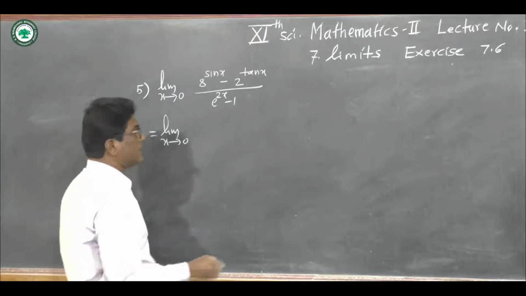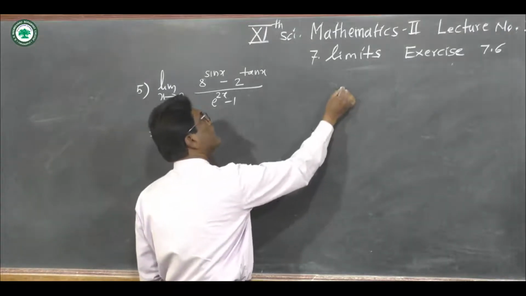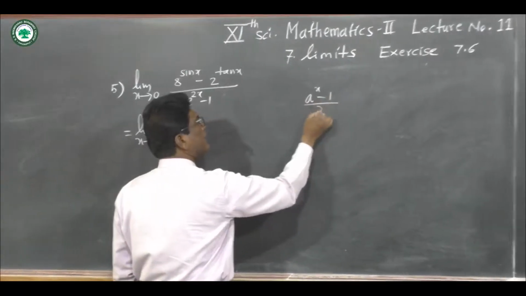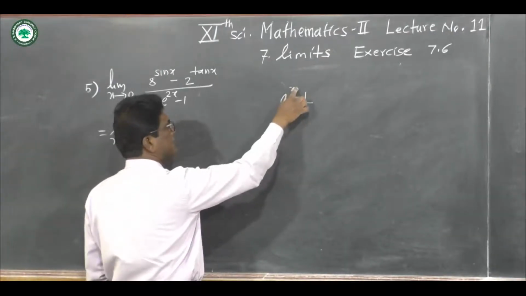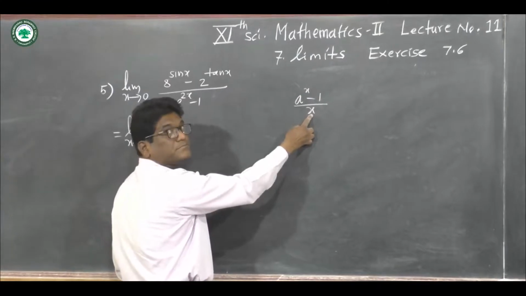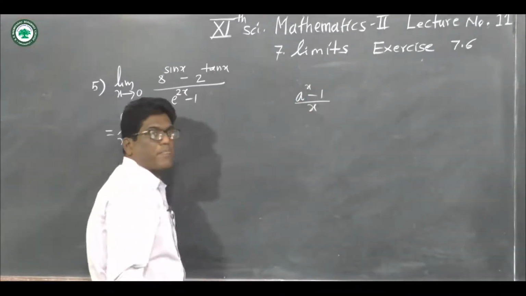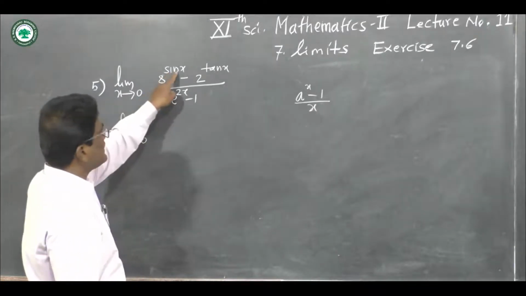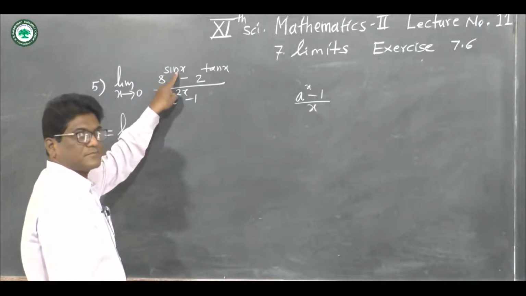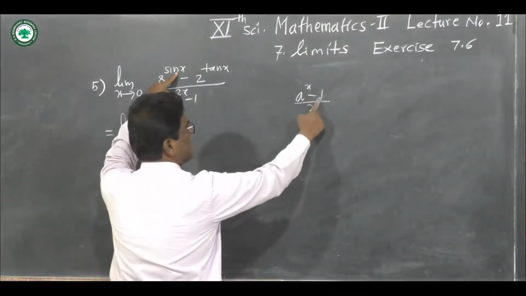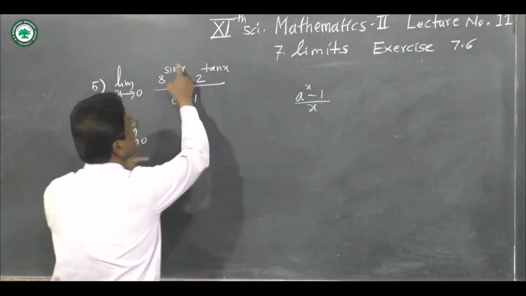Now here our standard formula is (a to the power x minus 1) divided by x. If there is a power x, then divide by x. Here power is sin x, and also here we want to adjust minus 1 to every a to the power x.